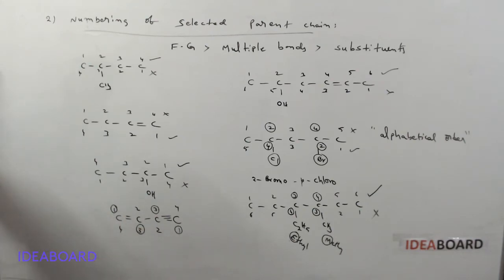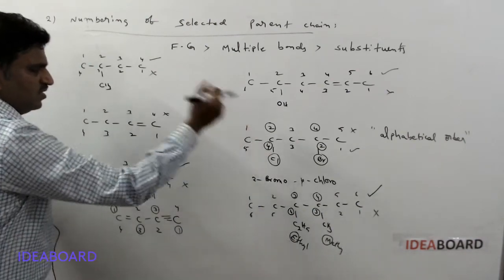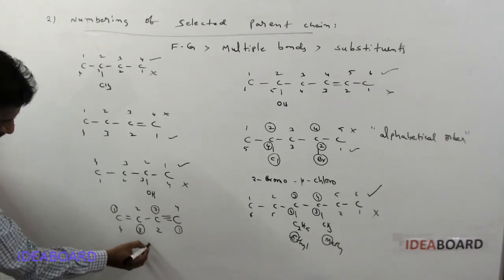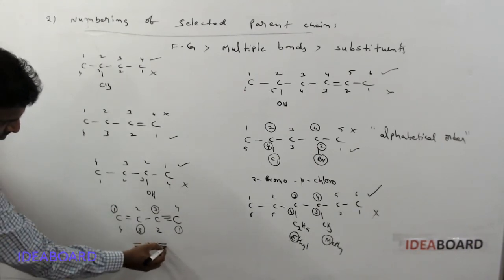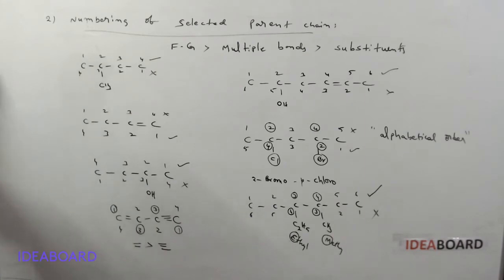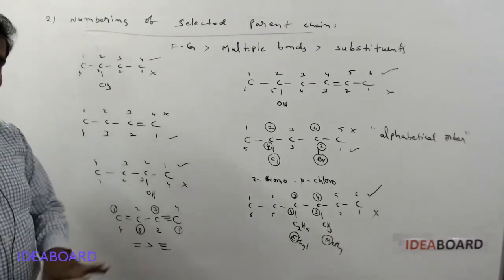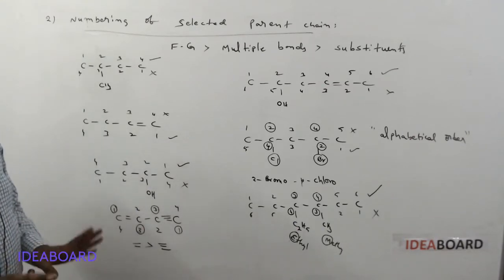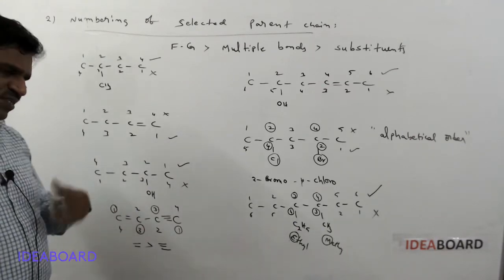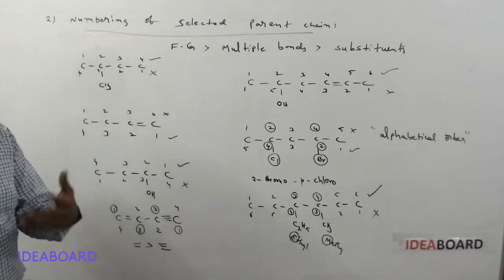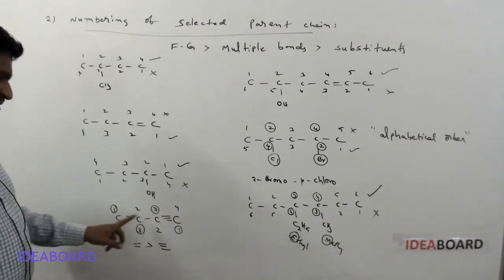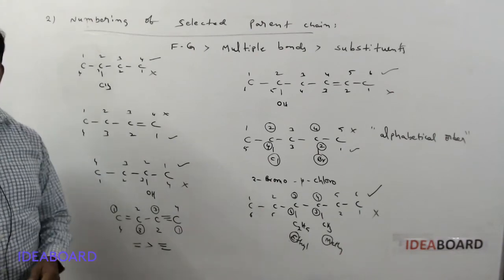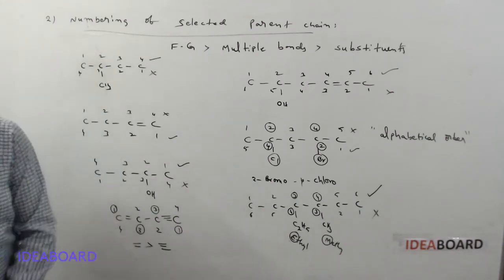Here we do not have alphabetical order. For this, always give priority to the double bond over the triple bond. Only in this condition. If they are at different places, never consider that; whichever gets the lowest number is chosen. But if they are at the same positions, then only the double bond gets more priority than the triple bond.